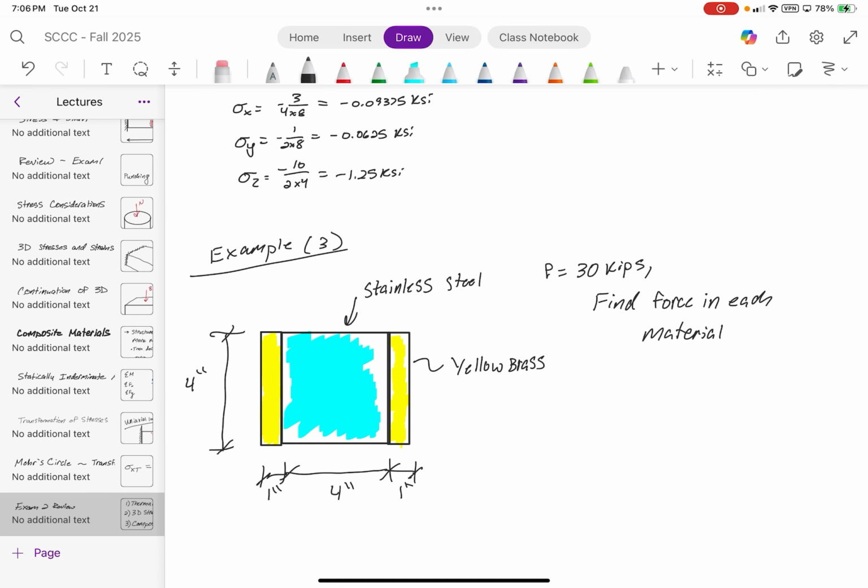Yes, there's 2 materials, but there's 2 brass elements there. If you were to put them together, would that be for the area? It depends on how you're treating it, which is also going to affect your equilibrium equation. At the end, you should get the same answer.